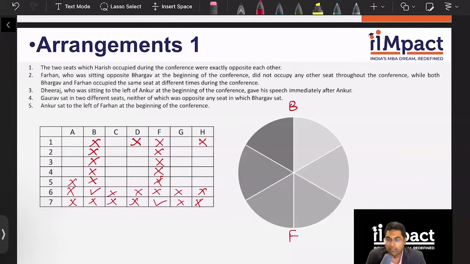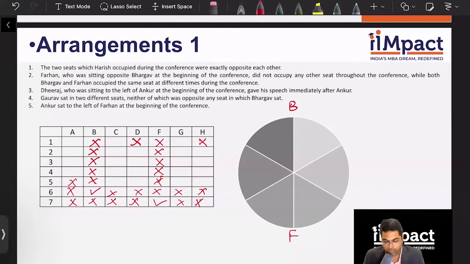Now, guys, till the end, because Bhargav and Farhan were sixth and seventh, they were opposite each other. So this clue is essentially only telling me that Gaurav did not occupy Bhargav's seat when Bhargav went to give the speech. So I can say that Gaurav was not fifth. This is what I am told. Gaurav was not fifth. Correct.